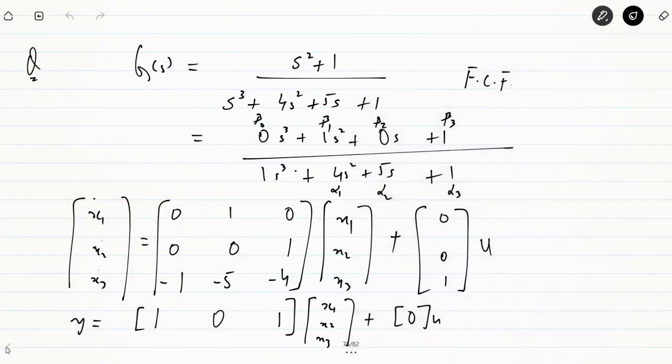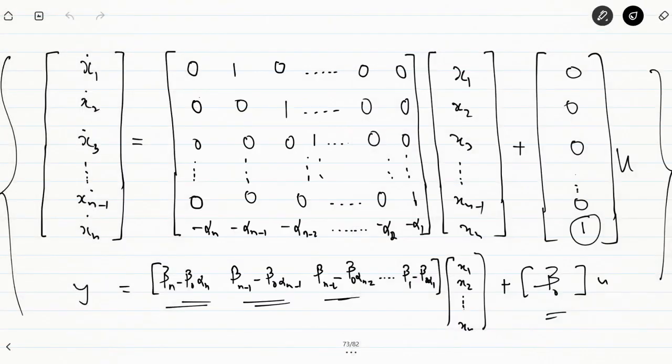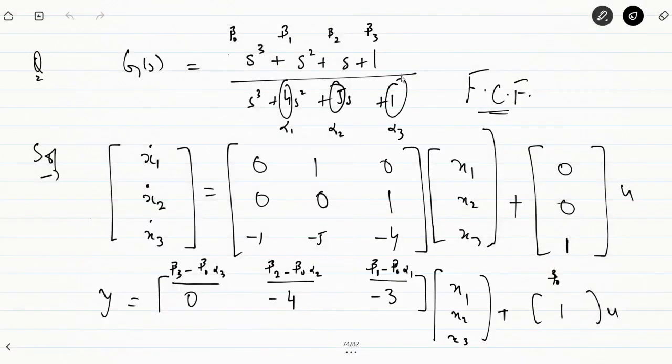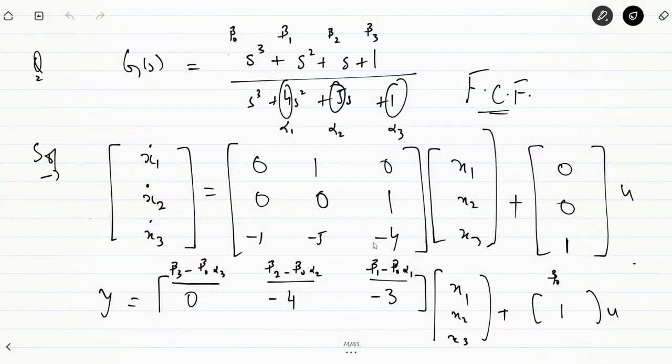So like last time we did two numericals, we had to obtain the first companion form of this system. Now let's say we want to obtain the second companion form of this same system.